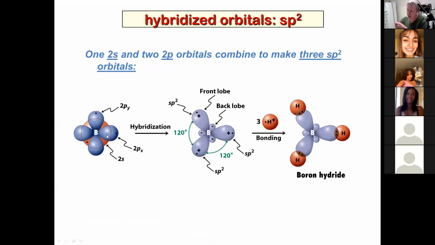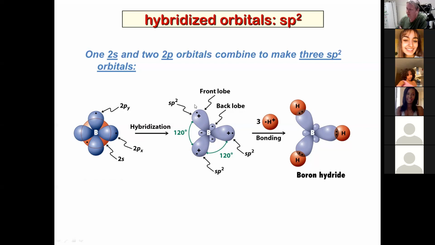Here's an example. The end product is BH3, borane, B-O-R-A-N-E. So you have boron with the 2s and two 2p orbitals hybridized to make these sp2 hybrid orbitals. So you have three sp2 orbitals, sp2, sp2, sp2, right?